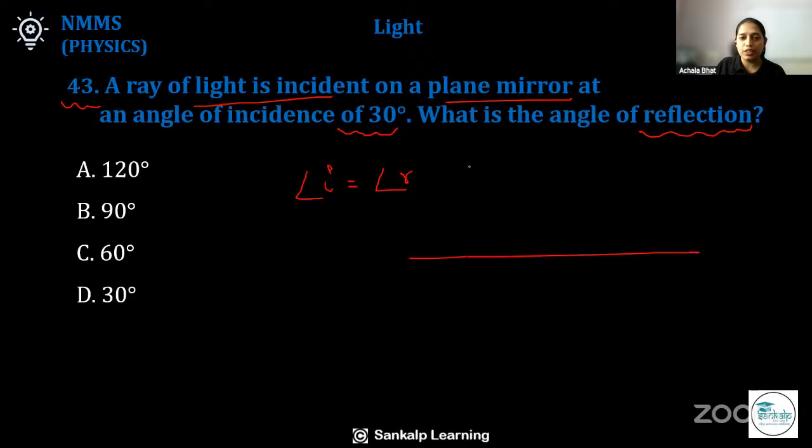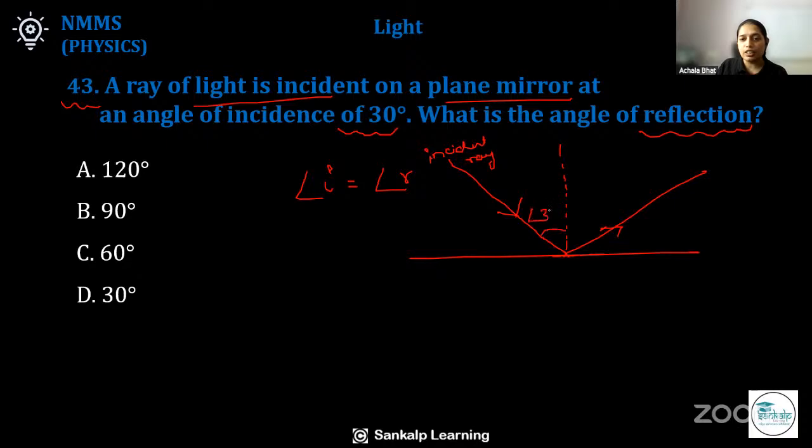If this is the surface and this is the incident angle, this is the reflected angle, and this is the normal drawn to this surface. Now, a ray of light is incident on a plane mirror. This is the incident ray at an angle of incidence of 30 degrees.